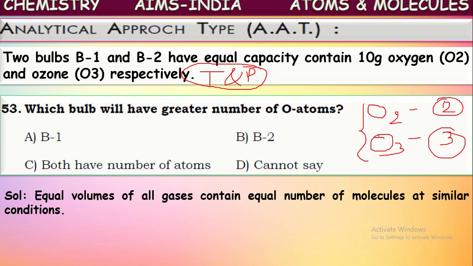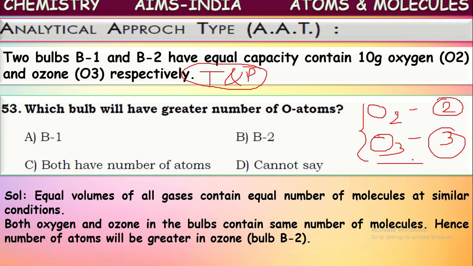Now which will have the greater number of atoms overall? Ozone. Okay. Both oxygen and ozone in the bulbs contain the same number of molecules. Hence, the number of atoms will be greater in bulb B2 because ozone has more atoms in each molecule. Got it? So bulb B2 is the correct answer.